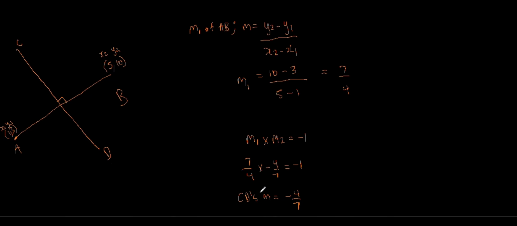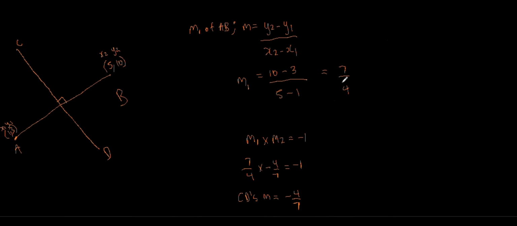Now we need to find the midpoint of the line AB because that's where the perpendicular bisector intersects the line. Perpendicular, the 90 degrees, bisector bisects.